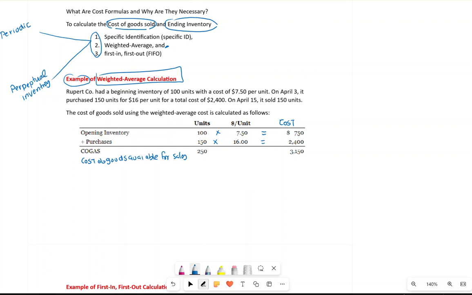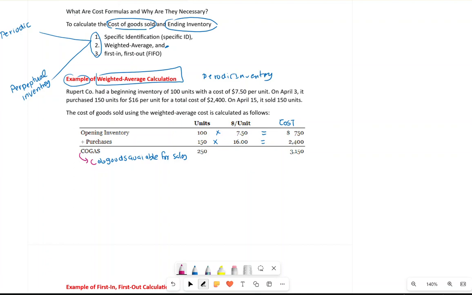We're using a periodic inventory system, because we needed to calculate the cost of goods sold. So this COGAS stands for cost of goods available for sale.